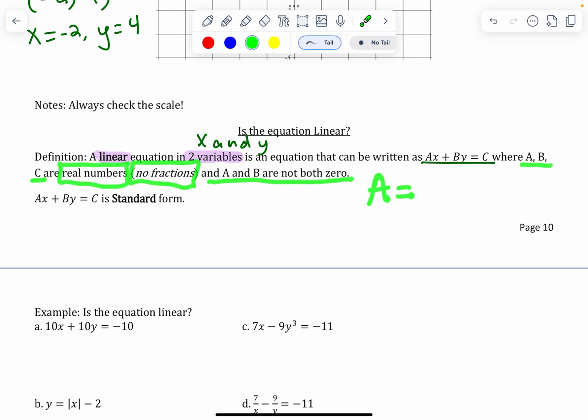So if a equals 0, then b cannot be 0. Or if b equals 0, then a cannot be 0.